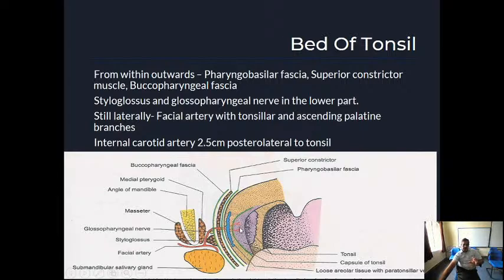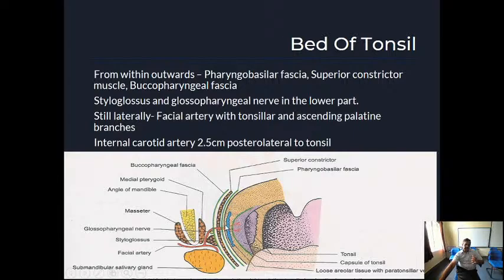It's important to know this bed of the tonsil because this is how the infection spreads from the tonsil region into the peritonsillar area where there is a loose connective tissue, forms the peritonsillitis and peritonsillar abscess.